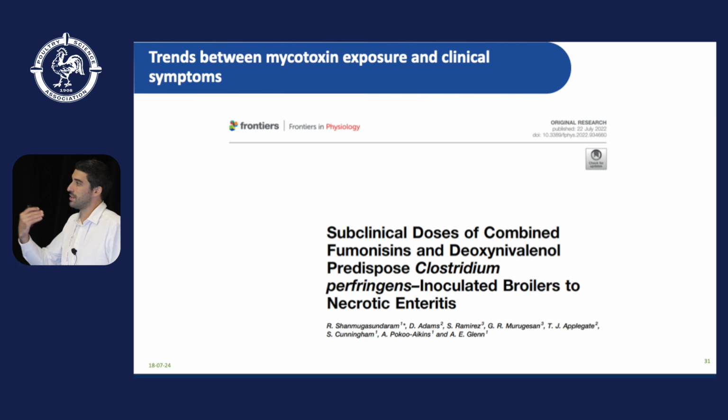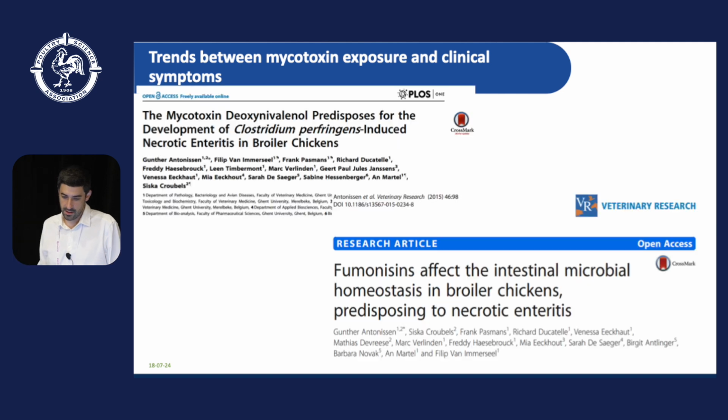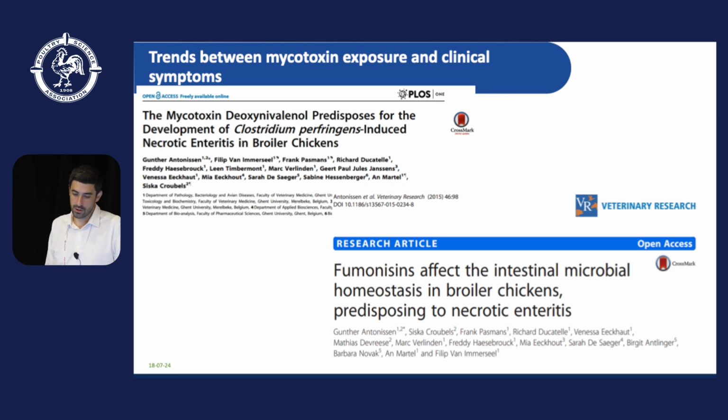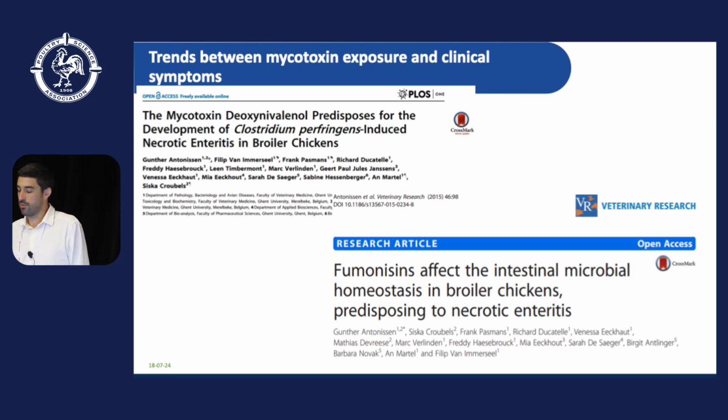So actually, what we detected in the farm has been already confirmed in different scientific studies, or 2 more studies that detected the correlation between DON and increase of necrotic enteritis, and exactly the same for fumonisin.